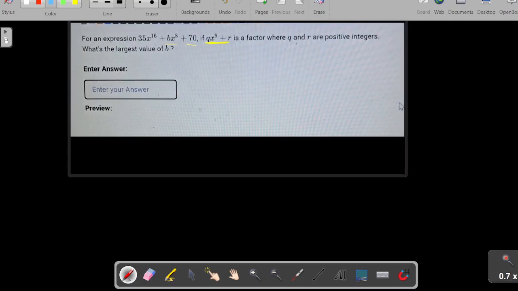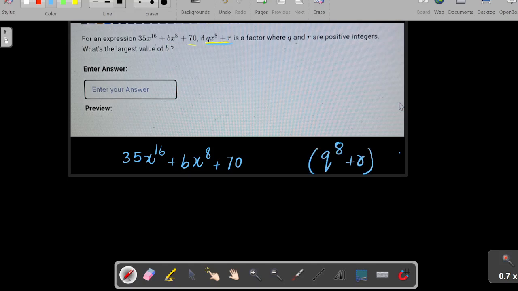So first, I will write down the equation just to get some clarity. bx raised to the power 8 plus 70. What is the factor? qx raised to the power 8 plus r is the factor. So can I assume, if it has this as a factor, qx raised to the power 8 plus r, there will be one more factor, right? We can assume another factor also.